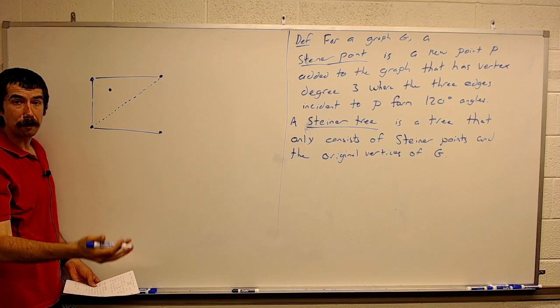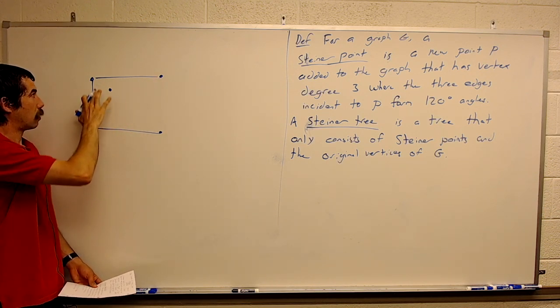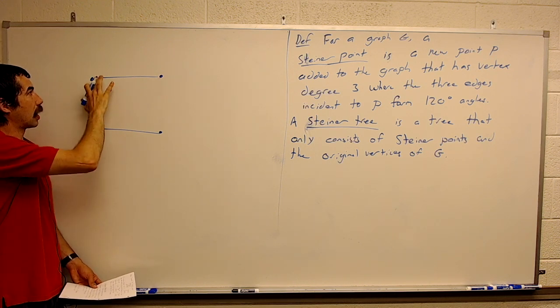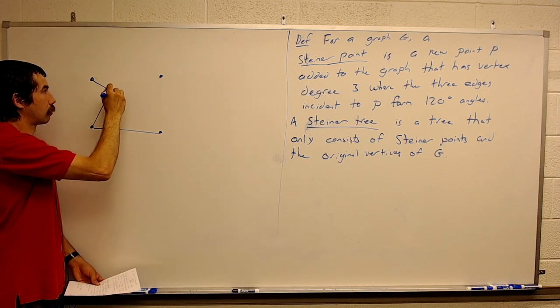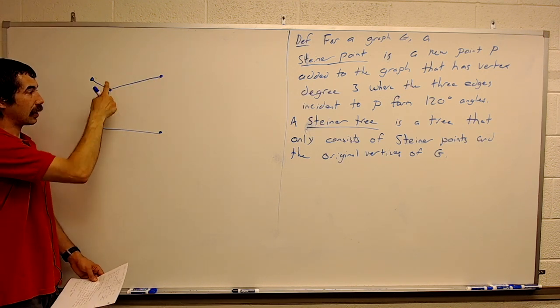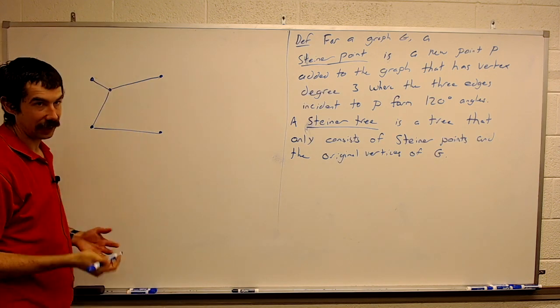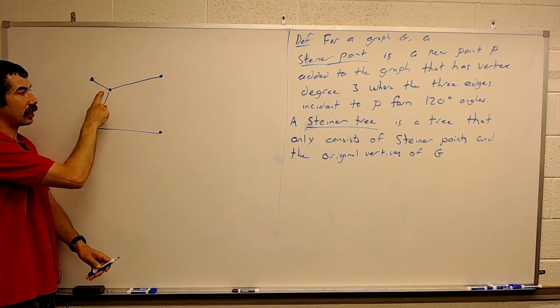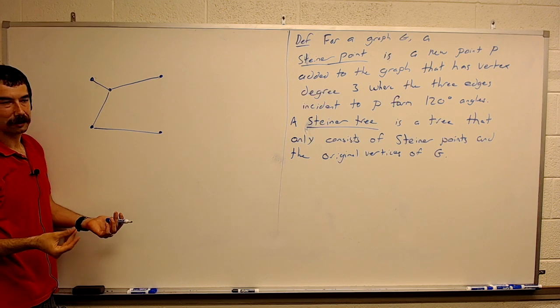All right, now we're going to update our network. So we're not going to have this edge, this edge, or this edge. Instead, we're going to have these edges. And if my drawing was drawn accurately, this angle, this angle, and this angle would all be equal, and they would all equal 120 degrees.